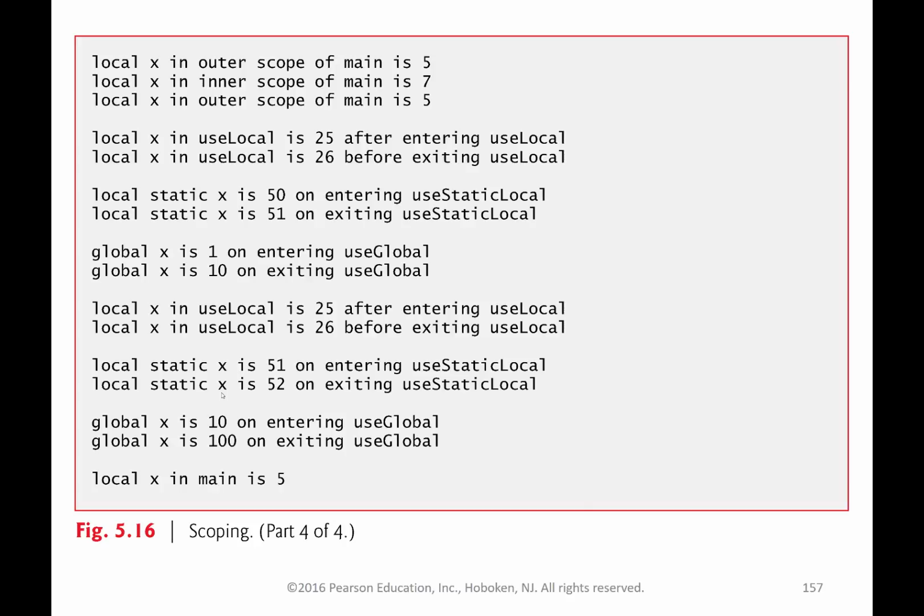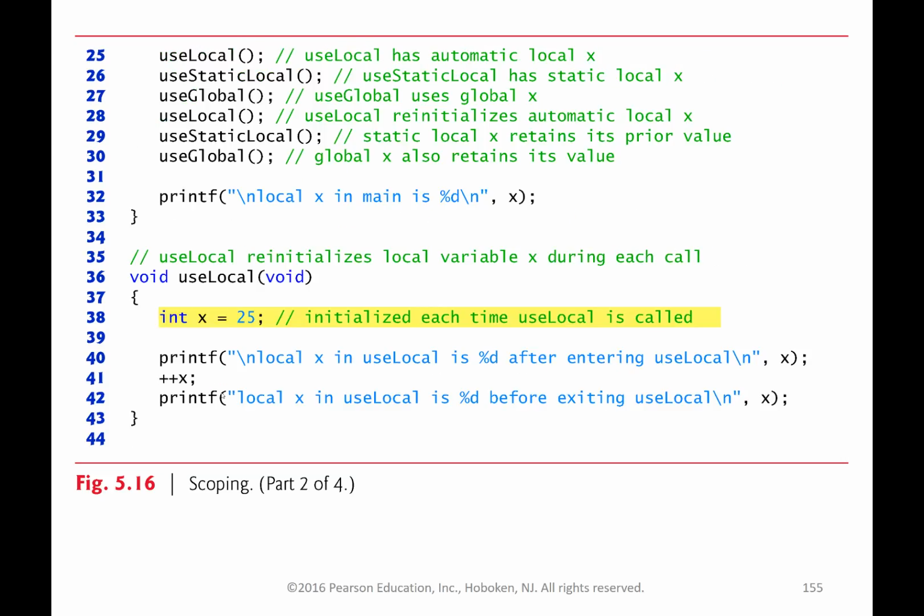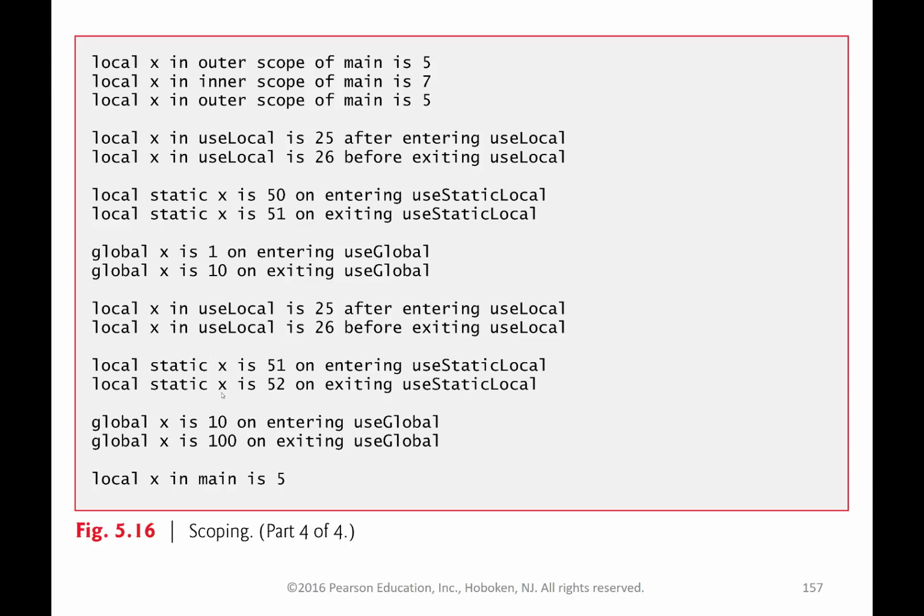So it's equal to 5, then 7, then 25, but then we increment it. It's equal to 50, and then it's equal to 51. I call use local again, it's equal to 25. The value is not kept because use local is not static, so the next time I call it, it's going to be reinitialized back to 25.